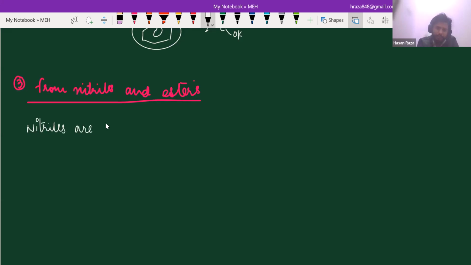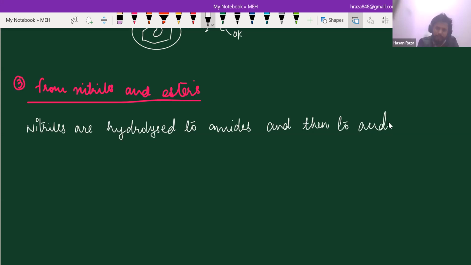Nitriles are hydrolyzed to amides. They are converted into amides and then to acids in the presence of either acid or base as catalyst.